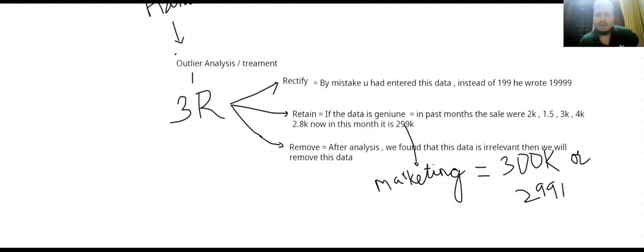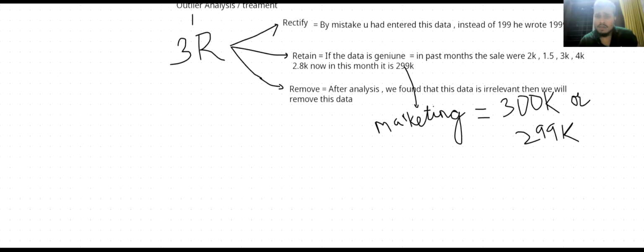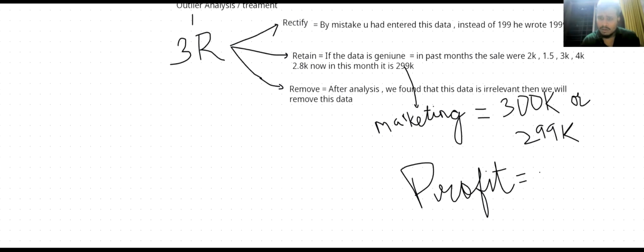So what will happen after seeing this? We are able to locate that the profit margin here is in minus. It's minus 1K, and for the earlier case, it's plus 1K.